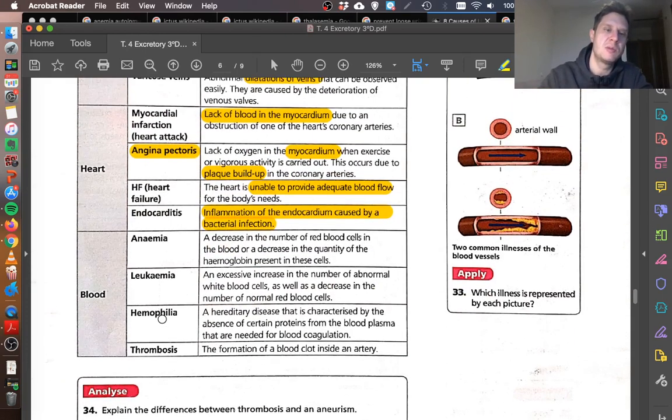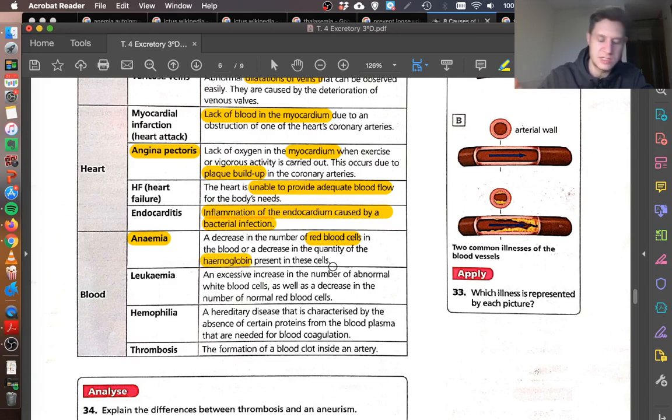And what happens with the blood? We have anemia, yes, decreasing red blood cells in number, quantity, and also because the hemoglobin percent in the cell is decreasing.